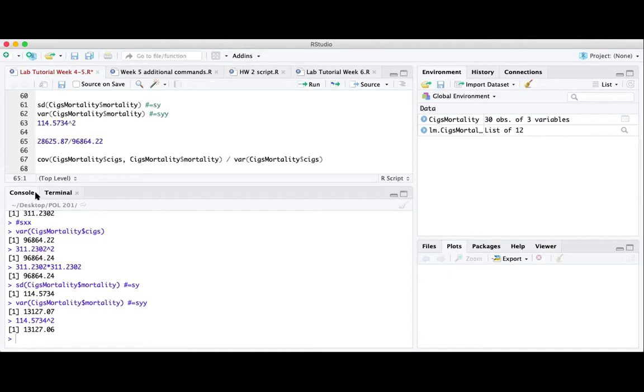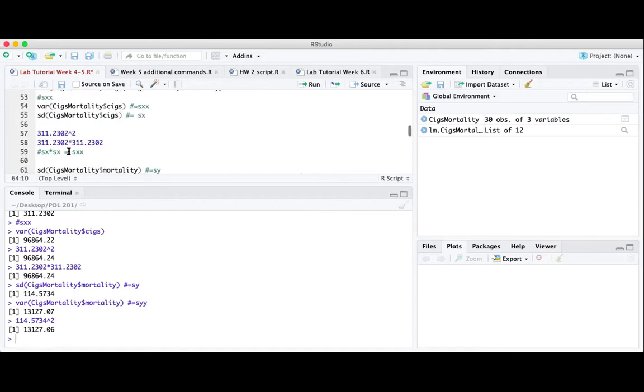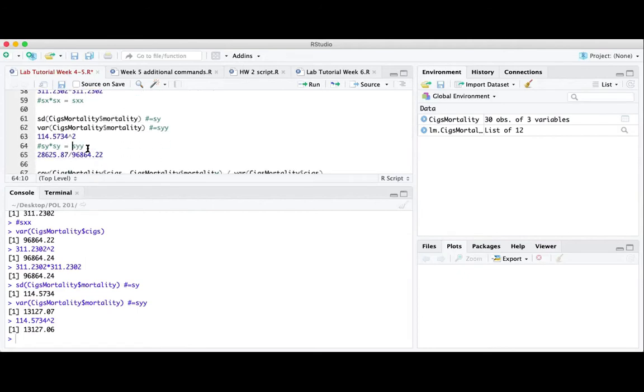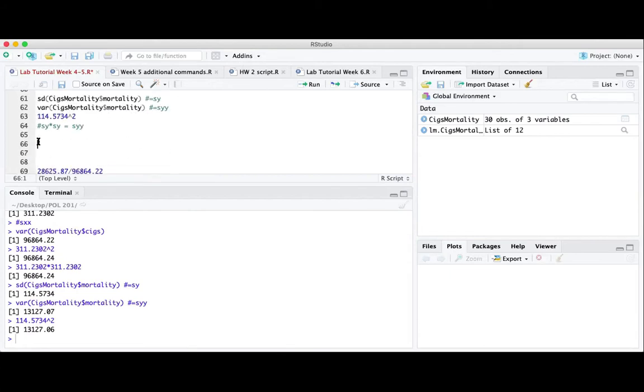So it's always the case that SY times SY equals SYY, and SX times SX equals SXX. But now let me show you that SX times SY does not equal SXY.